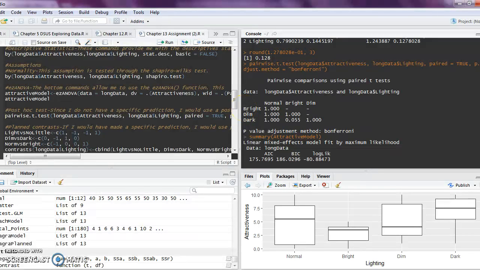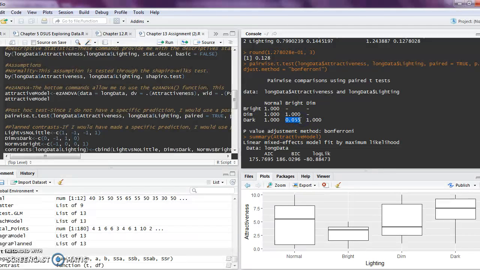I'm blind. Anyways, as far as bright and normal, nothing there. Nothing there for dim and normal, or dim and bright. Dark and normal, there's nothing there. But for dark and bright lighting conditions, there is something here.